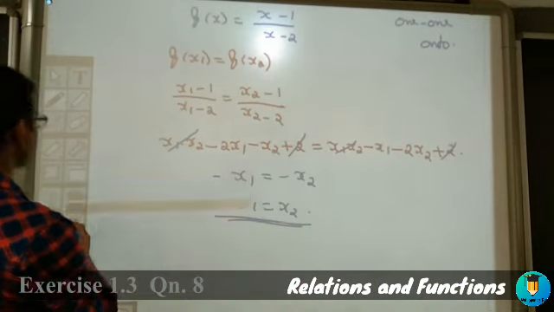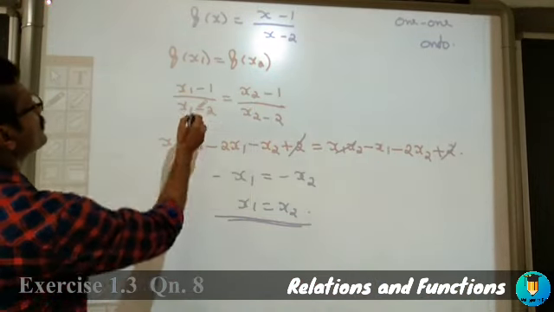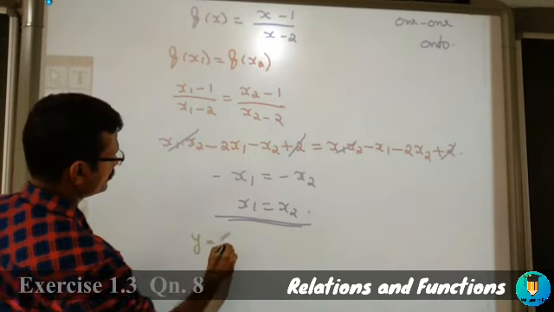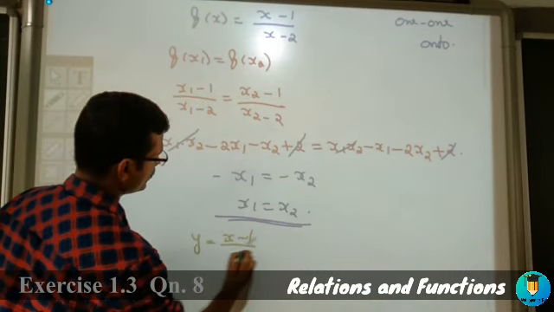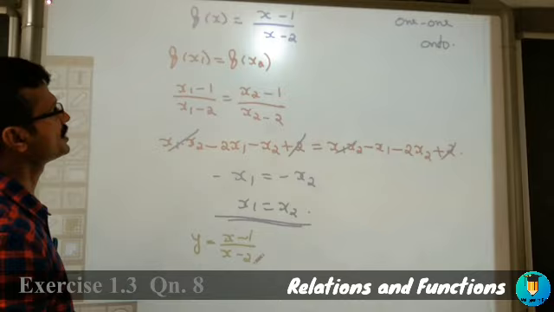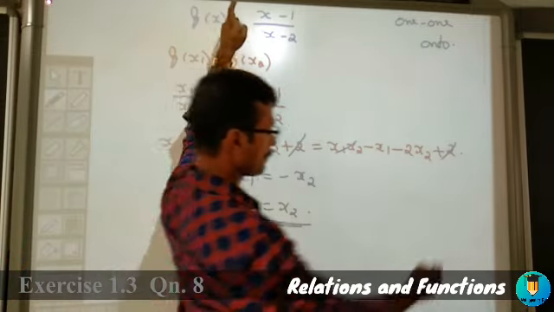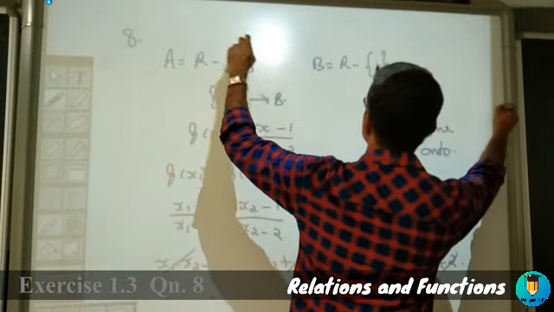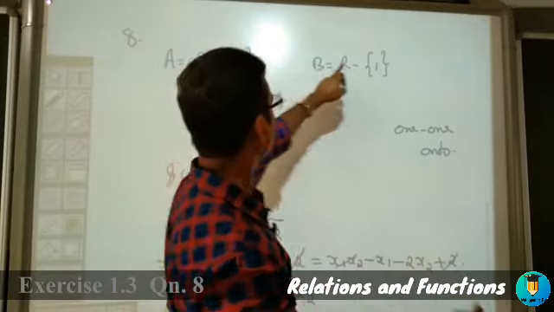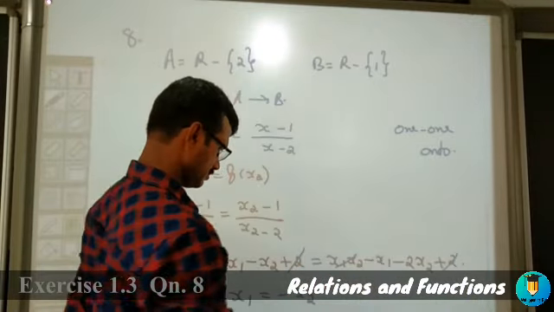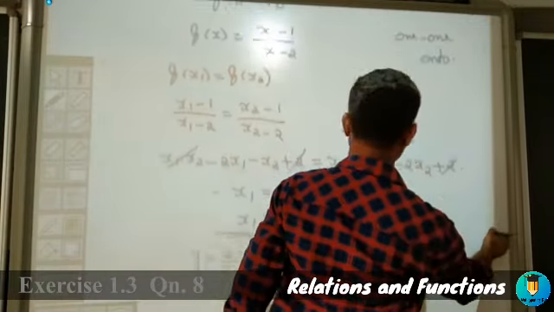So the function is given as y is equal to (x minus 1) by (x minus 2), and we know that its codomain is R minus 1. From R we exclude 1.